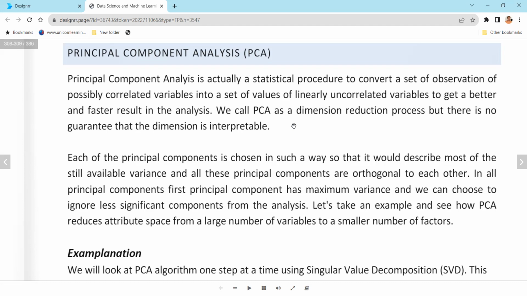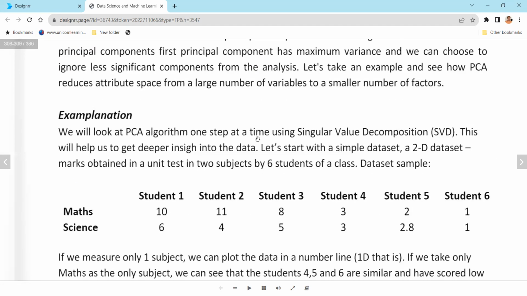It uses what is called singular value decomposition, the process using which it takes each metric and tells you how much it is contributing to the final analysis.